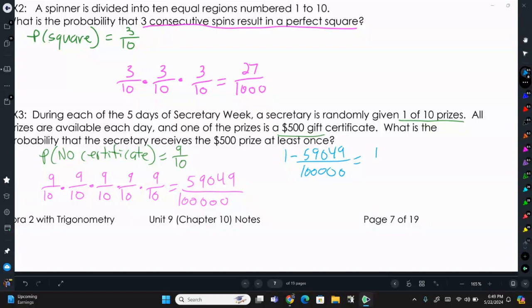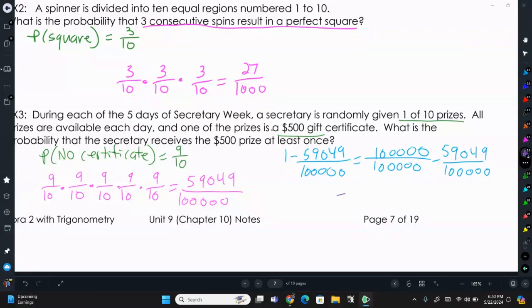And again, we can rewrite this as 100,000 over 100,000 minus 59,049 over 100,000.